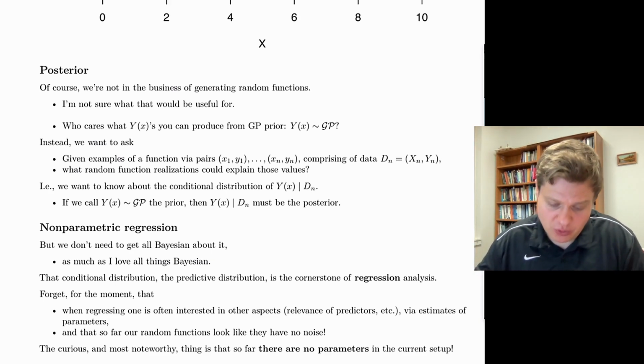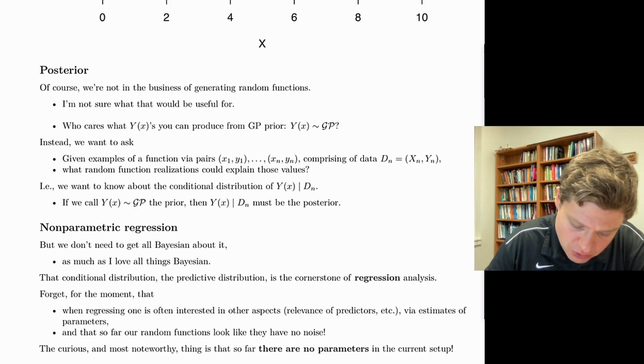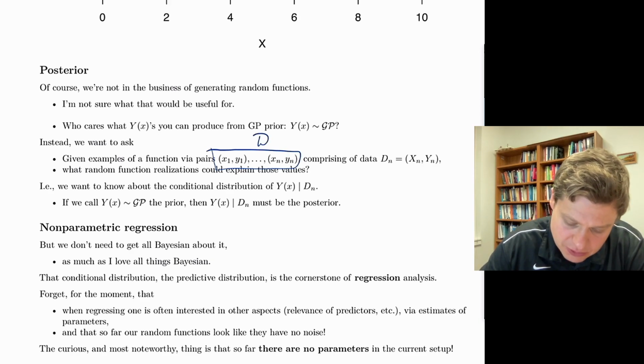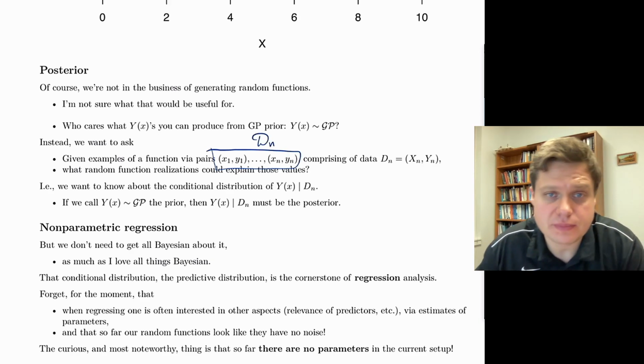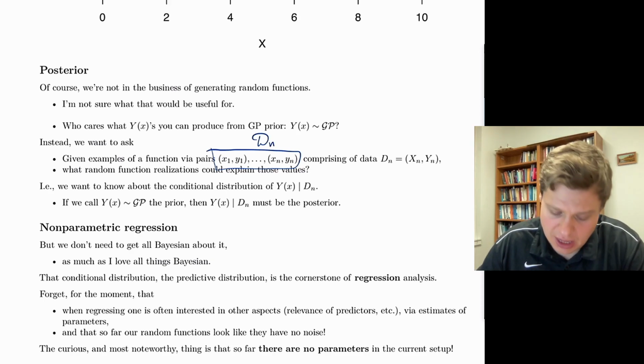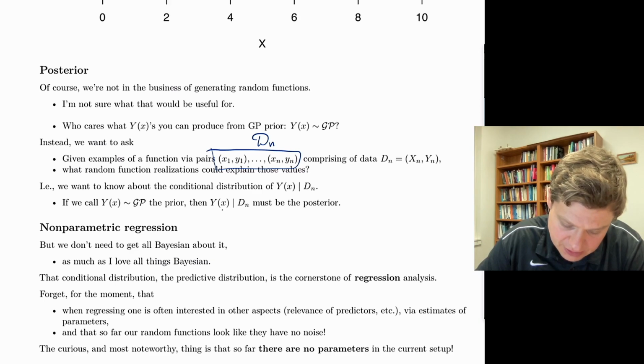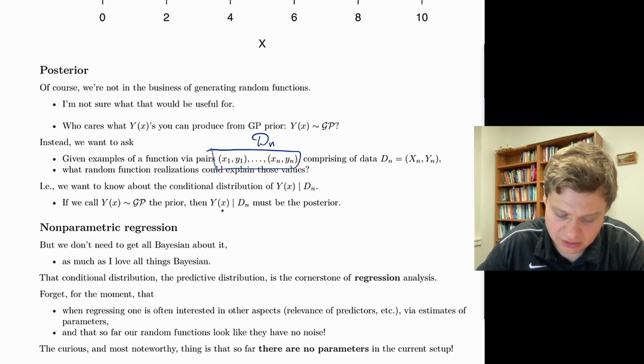So let's say we have a data set. We're going to call it Dn, and the data set is just n pairs of x and y. And let's say you give me a new point x, and I want to predict the value of y at this point x given this data set.